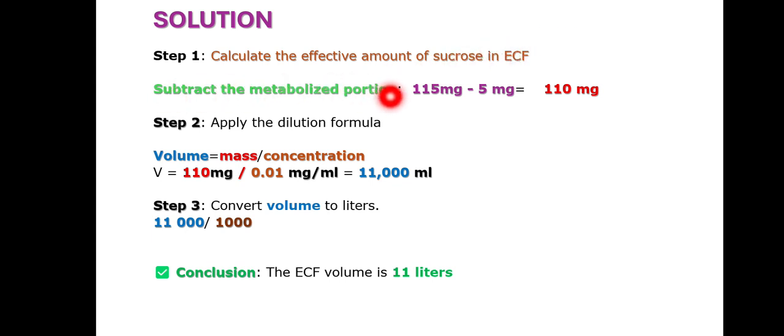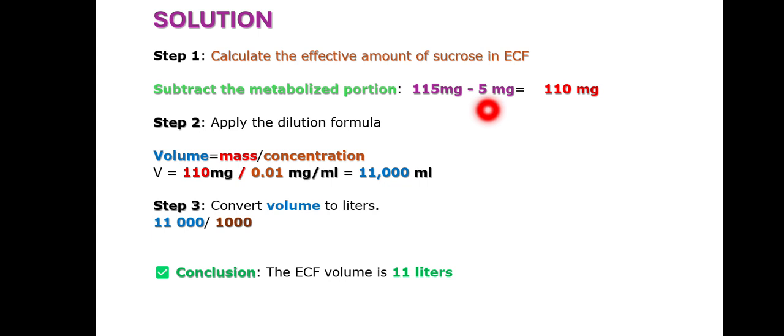We had 115 which was injected. However, 5 was metabolized. So we are going to have 110 milligrams of mass, which was not metabolized, which stayed, which never changed. The 5 milligrams were subtracted because it was metabolized, and the criterion, remember, you should know those criterion by heart.